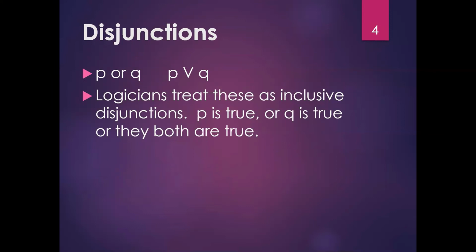But if that's not specified, we assume that it's true in all three of these conditions. The only time the sentence as a whole is false is when both P is false and Q is also false. So when we're doing disjunctions, we are assuming inclusivity.